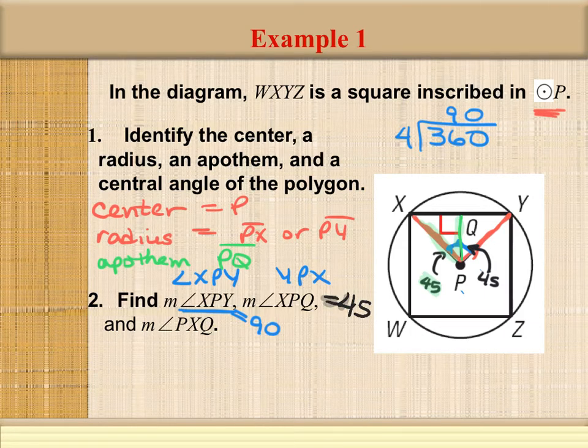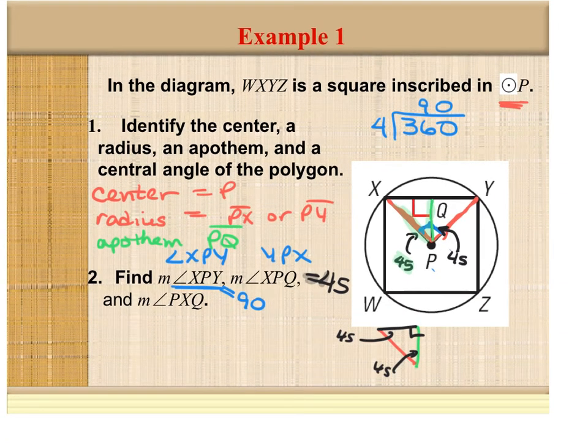And if you realize that once you drew your apothem, and I'll draw it upside down here, if this angle is 45 and this is 90, then this one down here is 45. We just talked about the 45, 45, 90. Again, another way you could figure out what that angle is, the PXQ, is it's going to be 45.